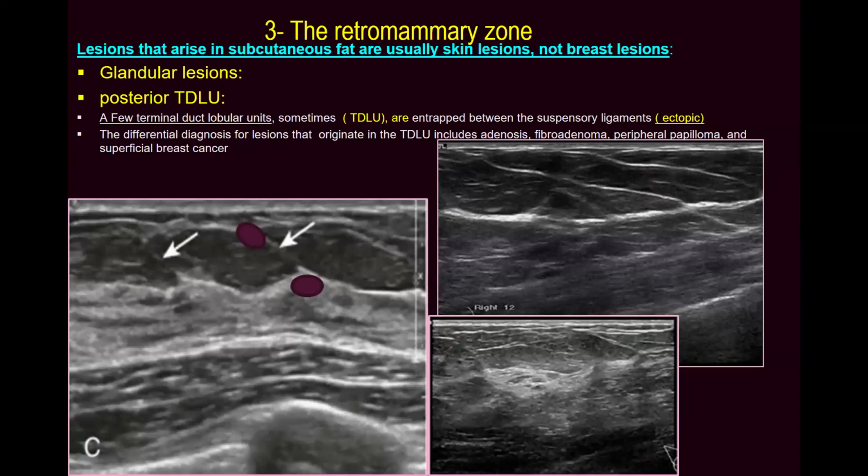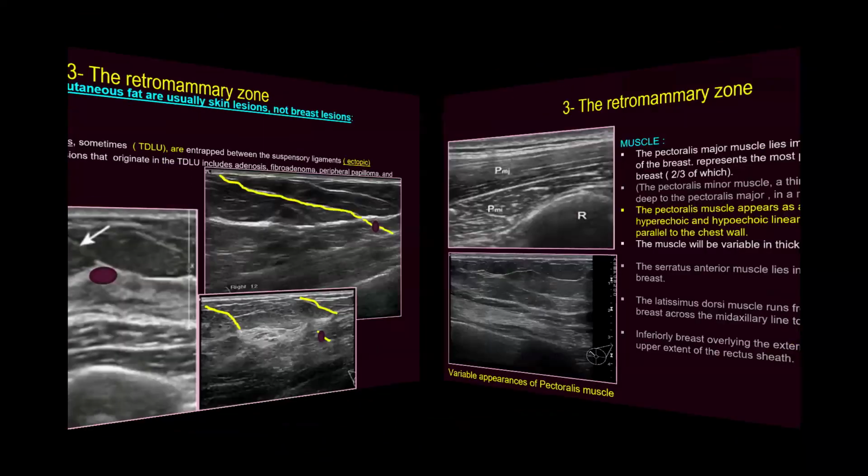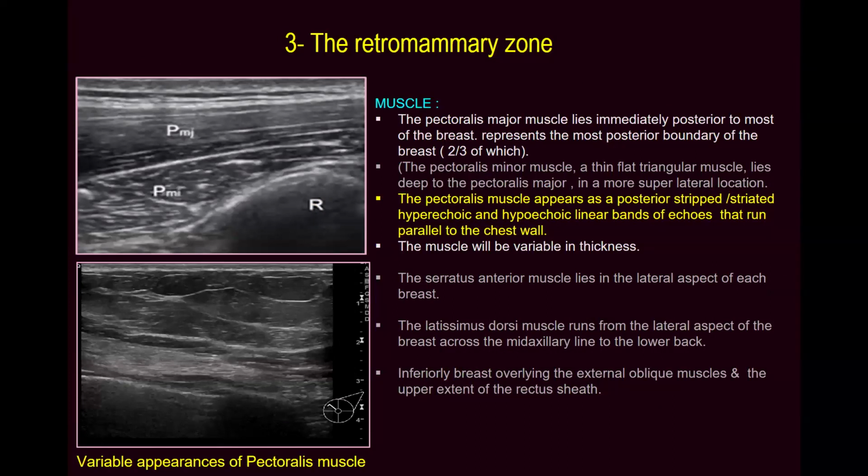Okay? As we have mentioned before, posterior TDLU like anterior TDLU can be ectopic, but this is extremely rarer than the anterior one. Here, the posterior Cooper ligaments are shorter and smaller, not like the anterior ones. Okay. So posterior to the retromammary zone are the muscles, and the famous one is the pectoralis major.